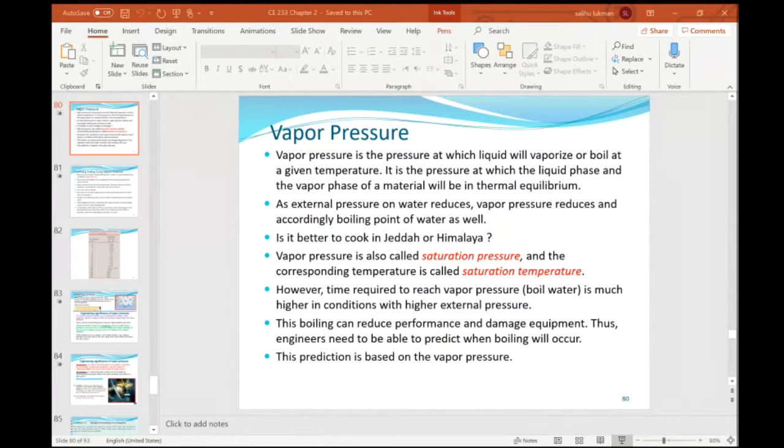Then in the Himalaya, let's assume, I don't know the exact value, that the pressure reduces to 0.8 atmosphere. The boiling temperature definitely will change. It will reduce now because there is less pressure acting on the surface of the liquid. So let's assume it reduces to 80 degrees. Just an assumption.